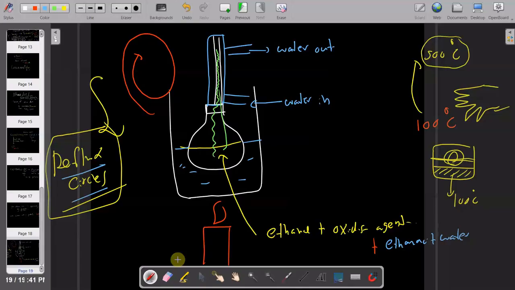Organic chemistry. Carboxylic acid. I will send them in the video.